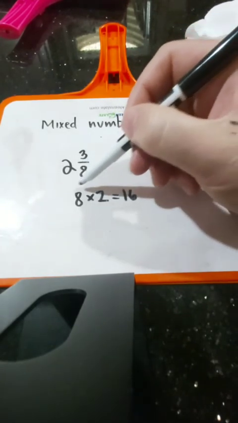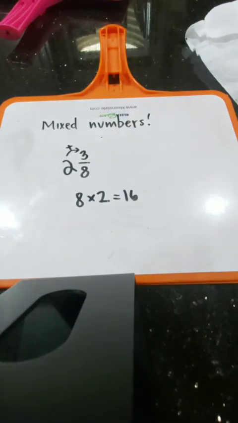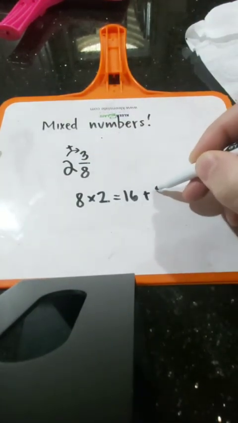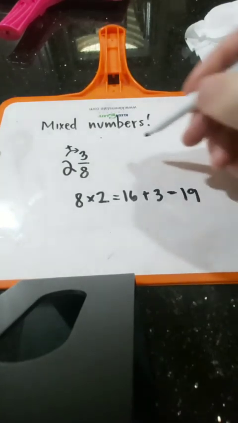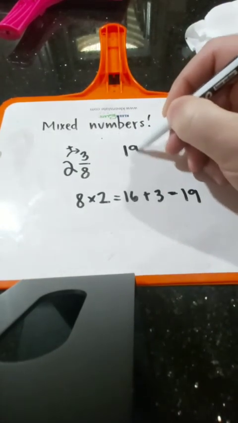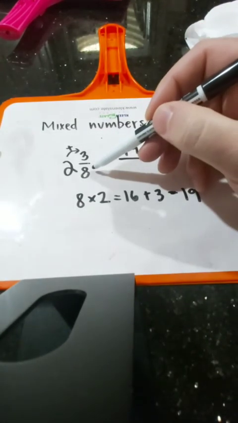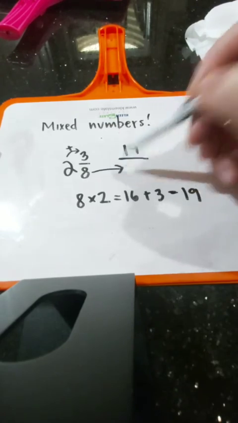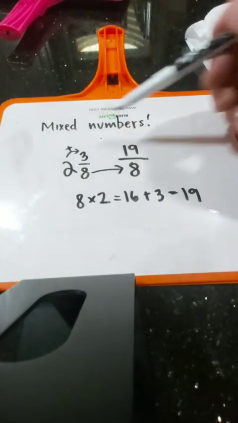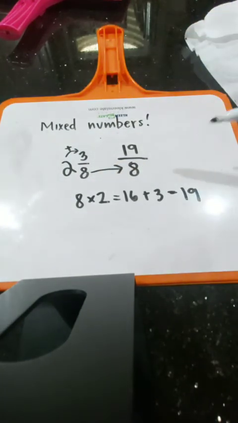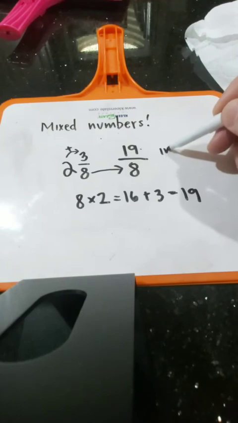So 8 times 2 plus 3. 16 plus 3 equals 19. All right, so our numerator becomes 19. Our denominator stays the same. So we just converted the mixed number 2 3/8 into the improper fraction 19/8.